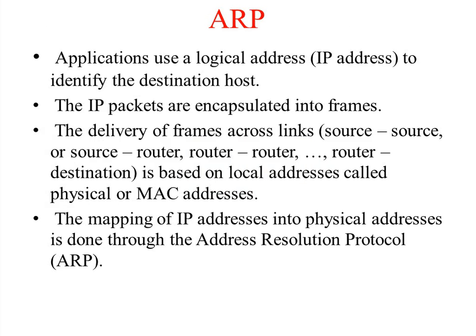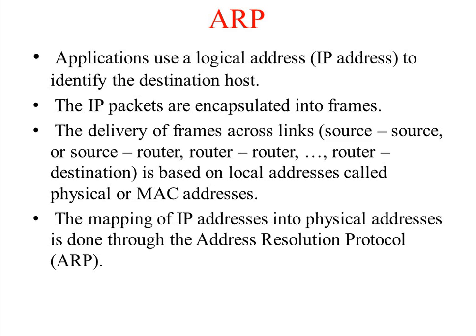Let us try to understand what ARP means. Address Resolution Protocol is used when the logical address is used to identify the destination host. IP packets are encapsulated in frames, and these frames are delivered across links.